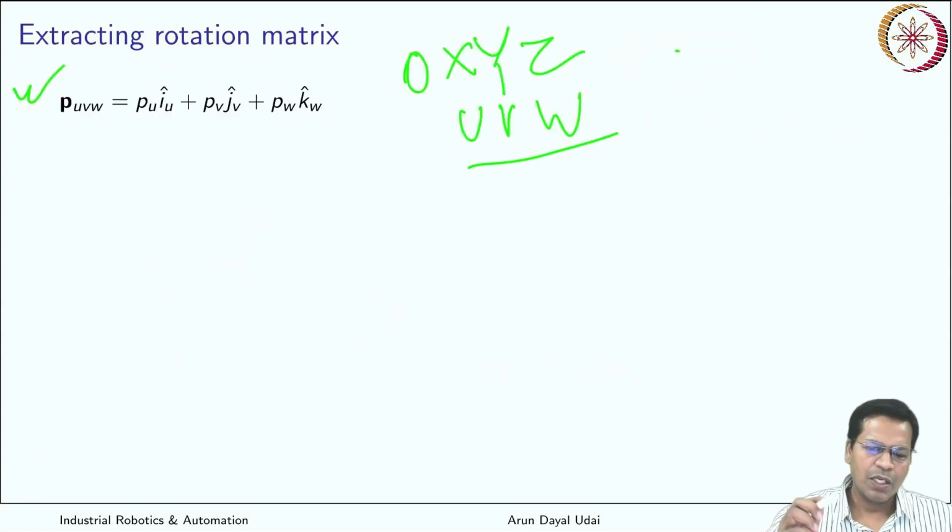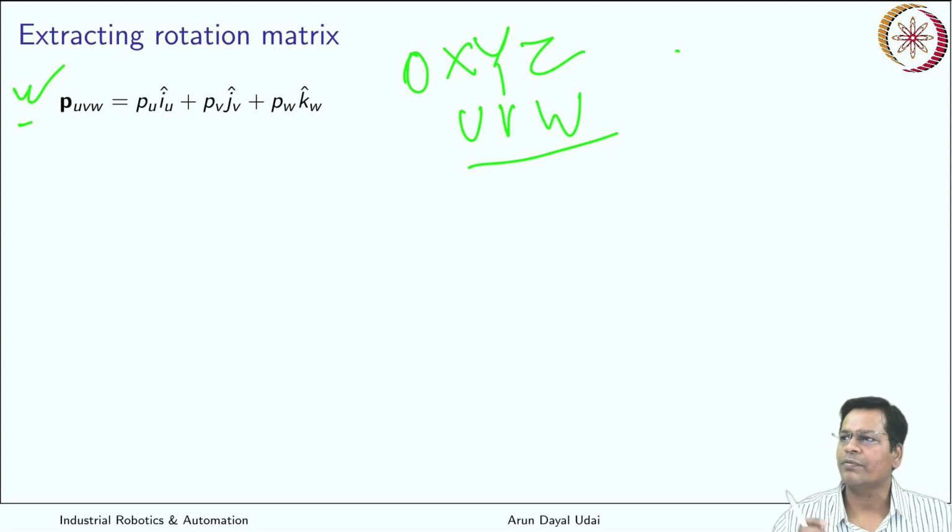Let us come back to this. Yes, this was the point. Now I have to take the projection of this point. Let us say the object has already rotated. Now I want to find the projection of this vector along the x, y, z axes, and that effectively will give me what I want.